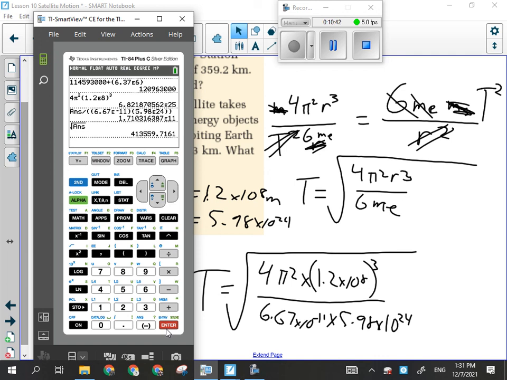Yep. If the question doesn't specify what units it wants, leave it in seconds. Don't go to any extra work. Seconds is the unit for time. That may seem like kind of a crazy number, but that's how many seconds it would take to orbit the Earth. It's 114 hours. So it's a long time. It's also a very long way away.